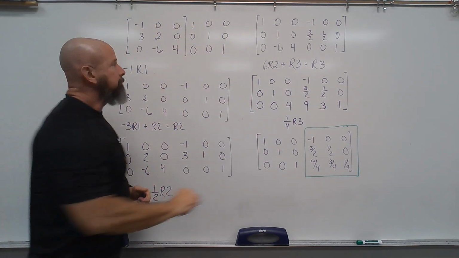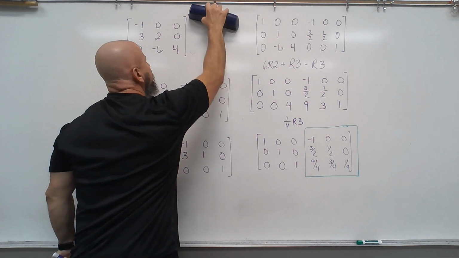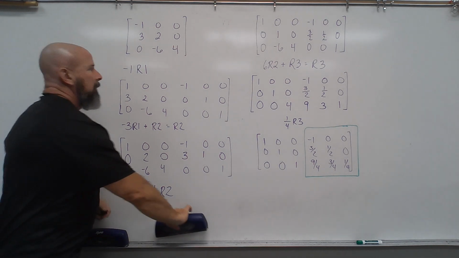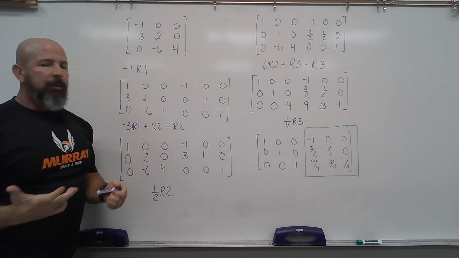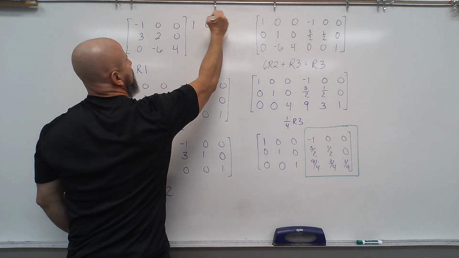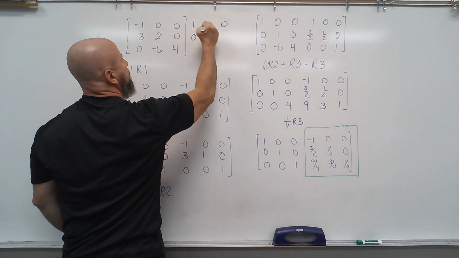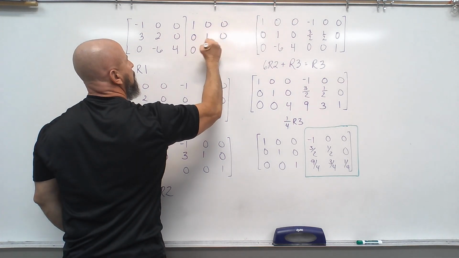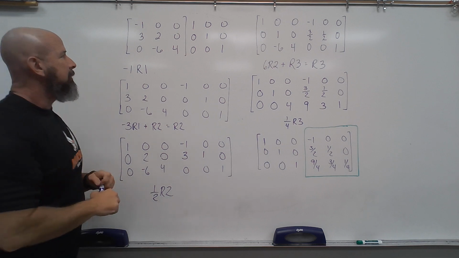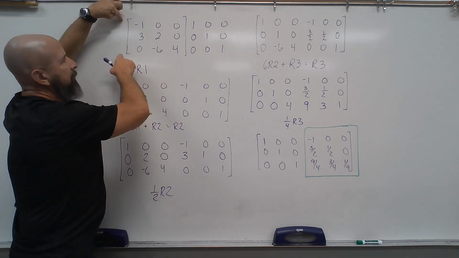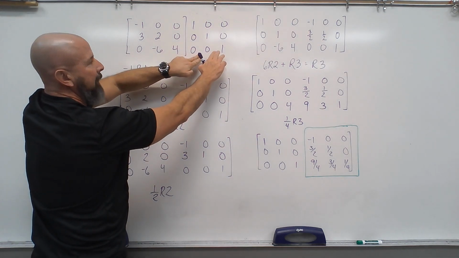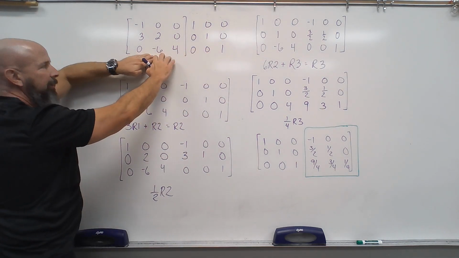So, just to review, I wanted to find the inverse of that 3 by 3. To do that, the first thing I'm going to write is my identity matrix next to it, my 3 by 3 identity matrix. And then I'm going to do row operations with this 3 by 6 now to get my identity matrix on this part.